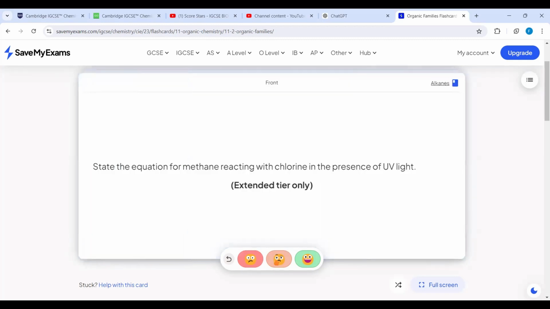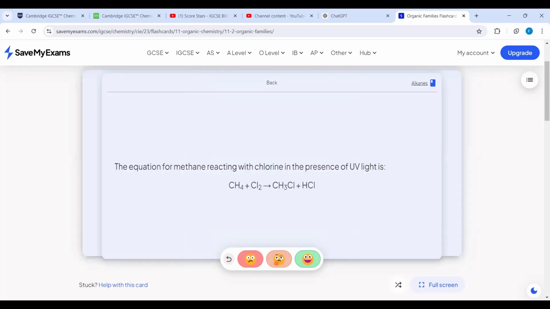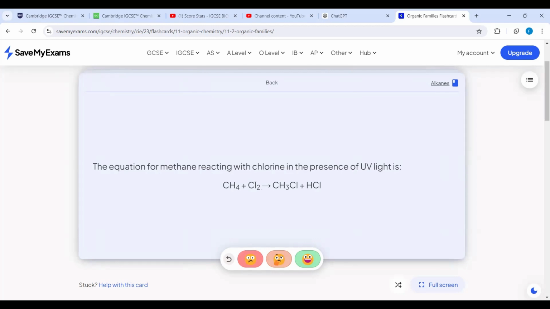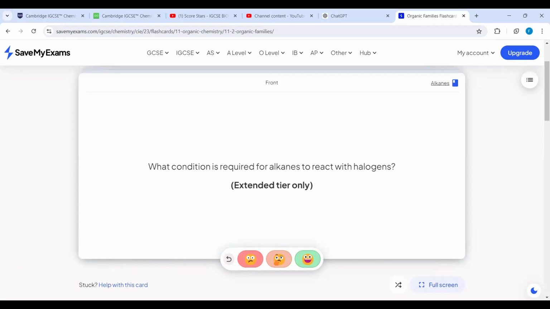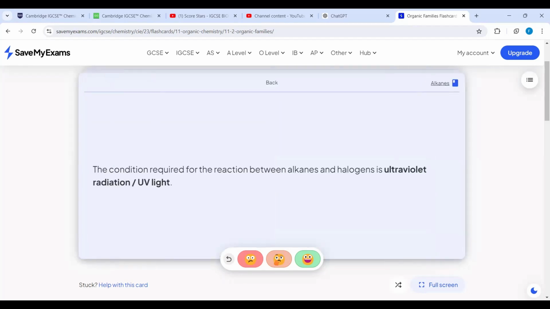State the equation for methane reacting with chlorine in the presence of UV light. We saw this equation as methane plus chlorine gives you chloromethane plus hydrogen chloride. What condition is required for alkanes to react with halogens? It's ultraviolet radiation or UV light.